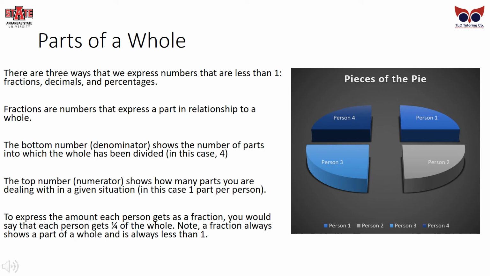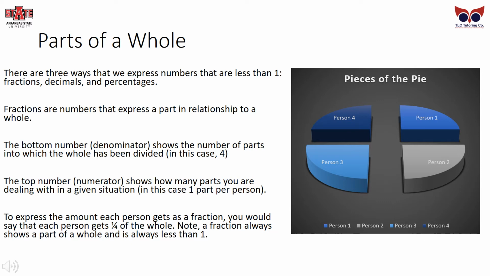There are 3 ways that we express numbers that are less than 1: fractions, decimals, and percentages. Fractions are numbers that express a part in relationship to a whole. The bottom number, or denominator, shows the number of parts into which the whole has been divided, in this case 4.